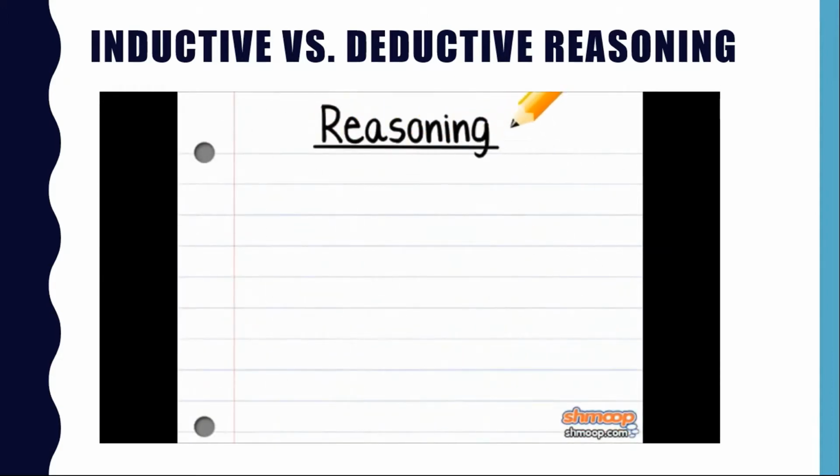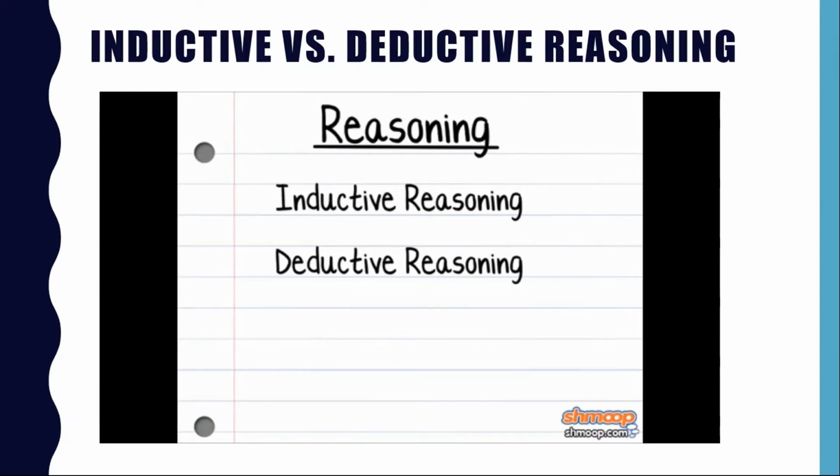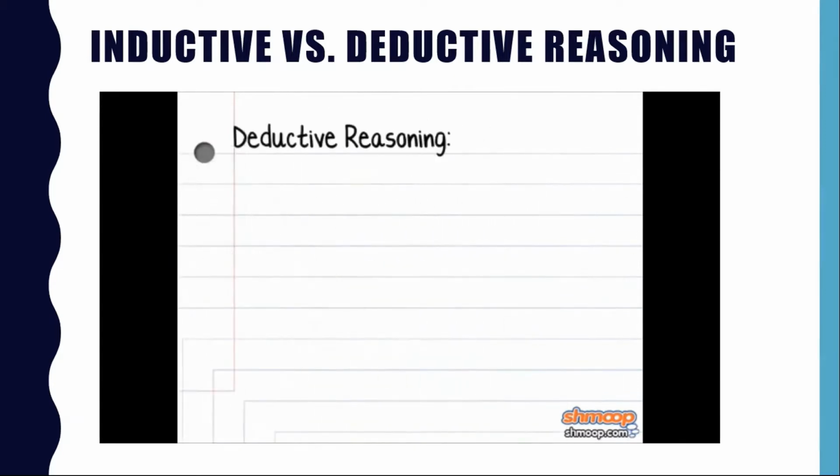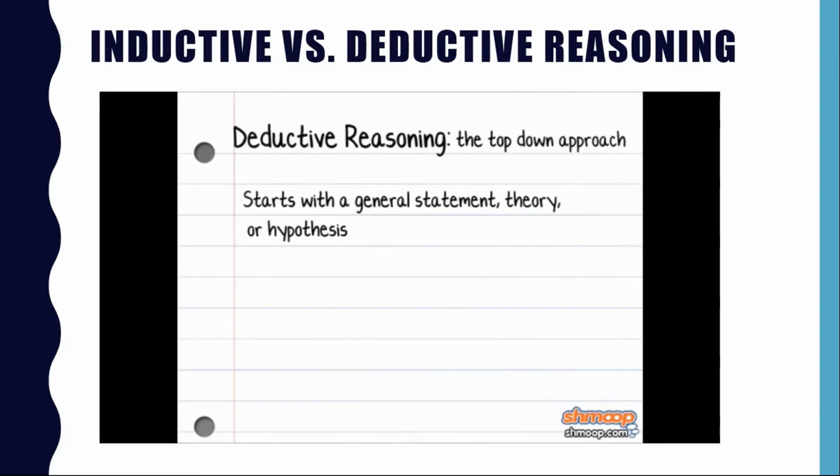When it comes to reasoning, there are two main ways to do it. By using inductive reasoning, or by using deductive reasoning. Deductive reasoning, otherwise known as the top-down approach, starts with a general statement, theory, or hypothesis, and then works its way down to a specific conclusion by examining various pieces of evidence.